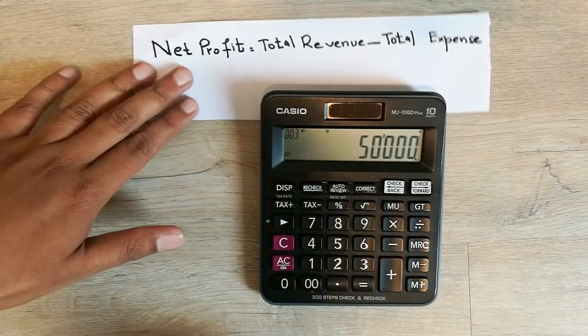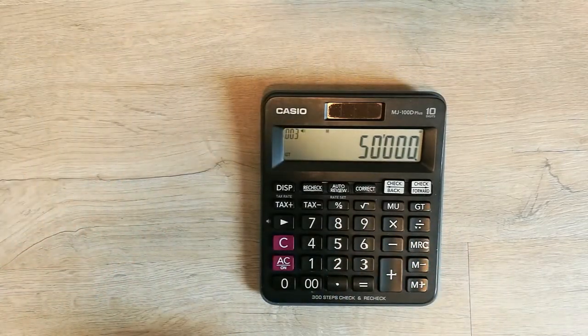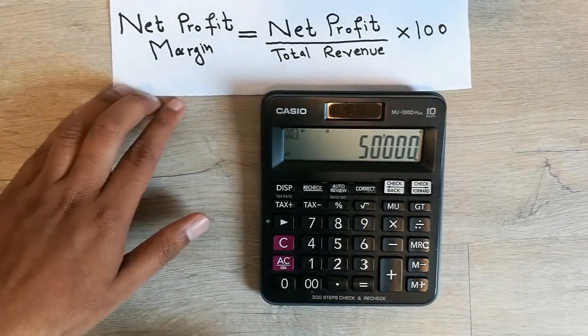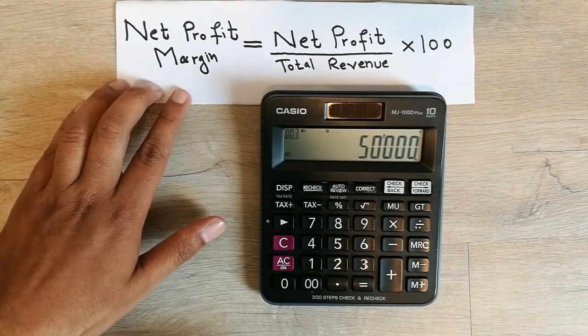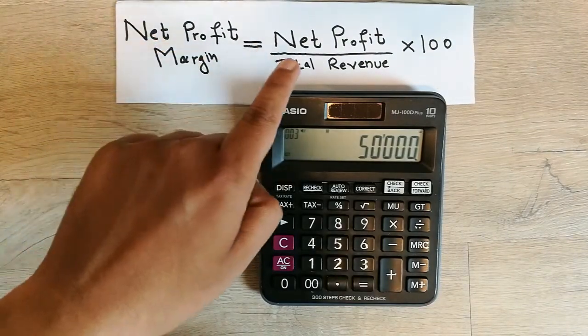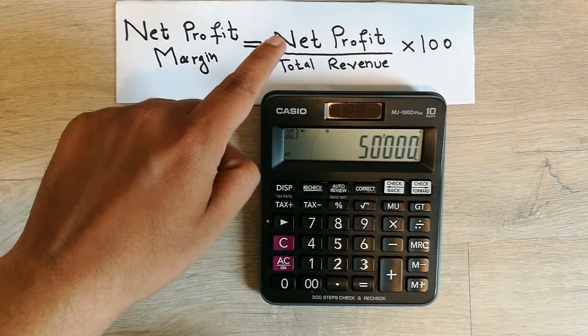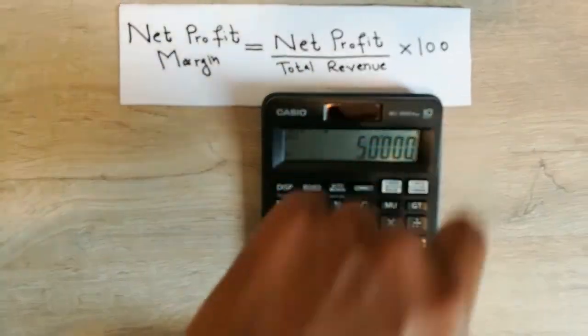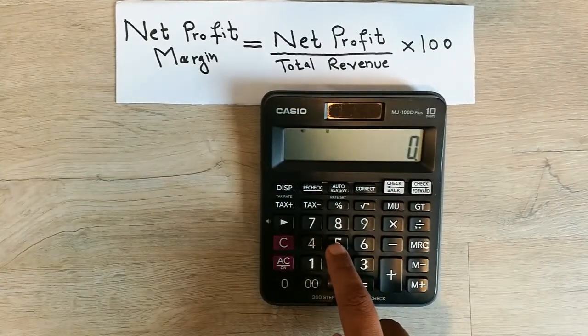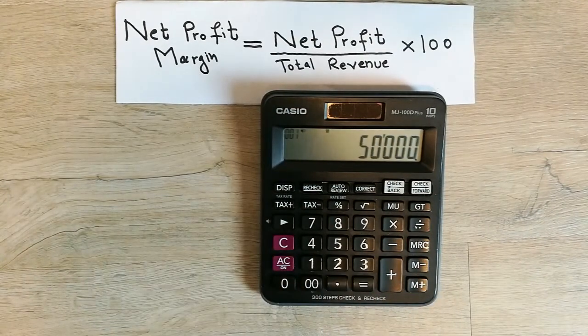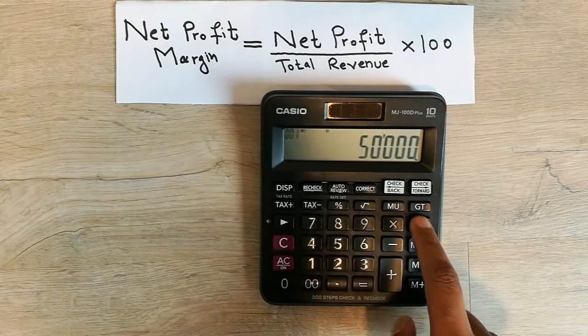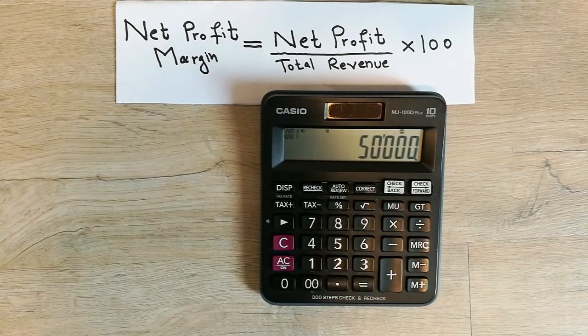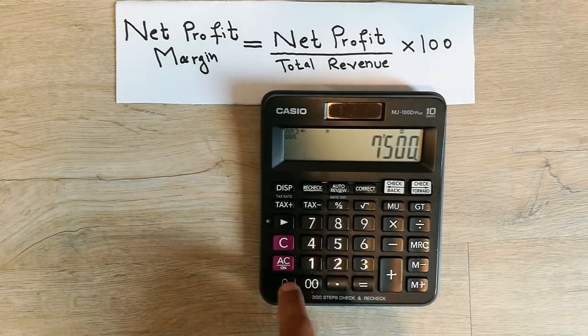Now the second step is how to find out the net profit margin, and here is the formula. This is really important. Net profit margin equals net profit, which we already calculated, divided by total revenue, multiplied by 100. Our net profit was 50,000, divided by our total revenue, which, as I told you in the beginning, is 75,000.